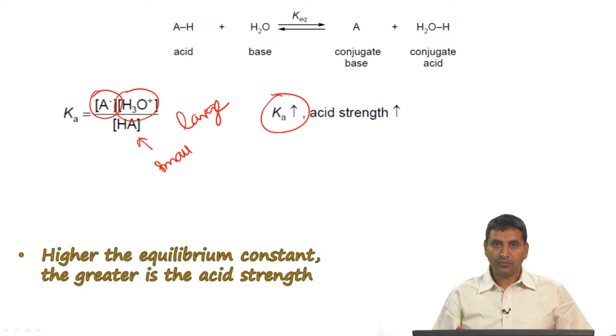So, when the Ka value is pretty high, the acid strength is quite high. Higher the equilibrium constant, the greater the acid strength.